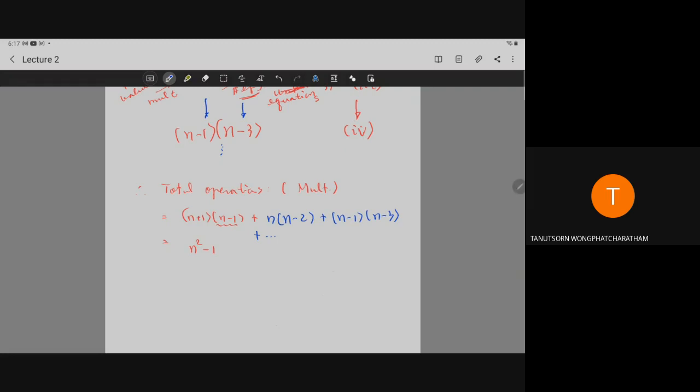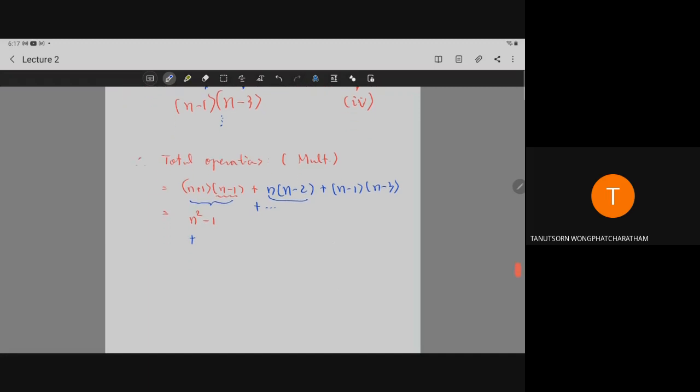You notice that for this term, we have n square minus 1. Then we add it with the next term, which is n square minus 2n.